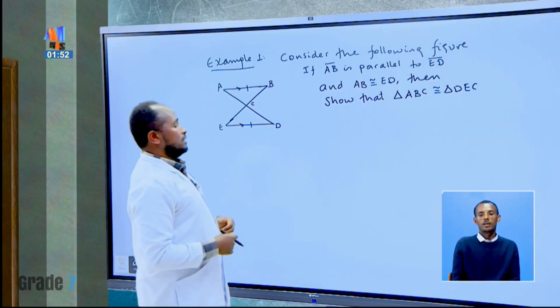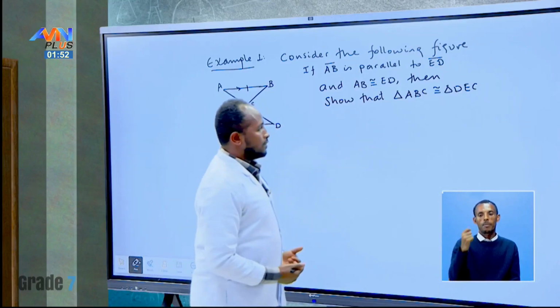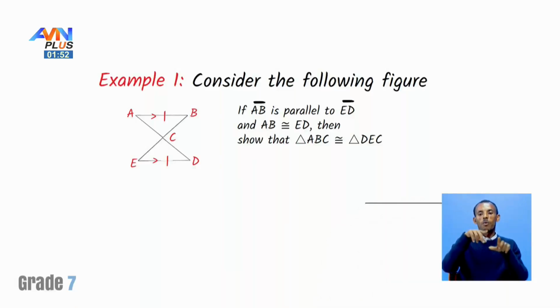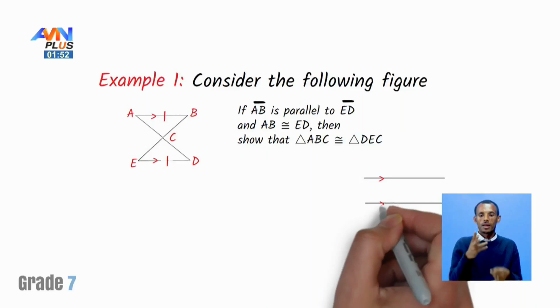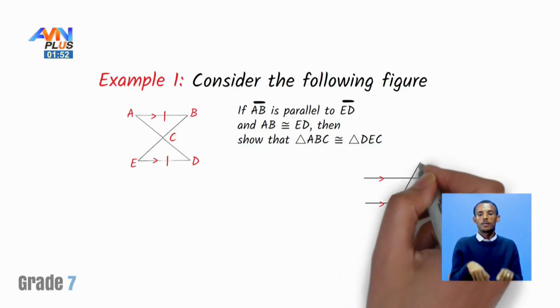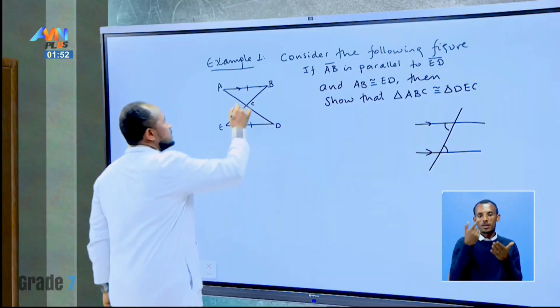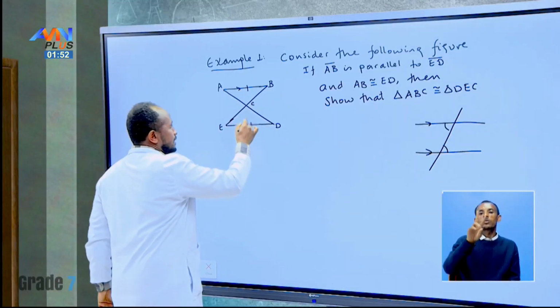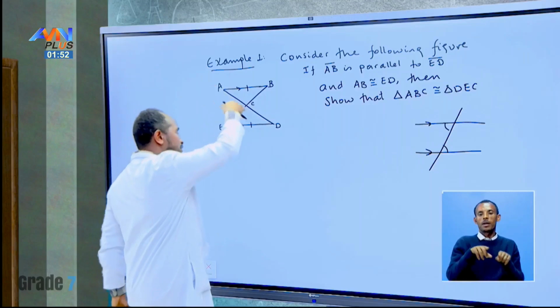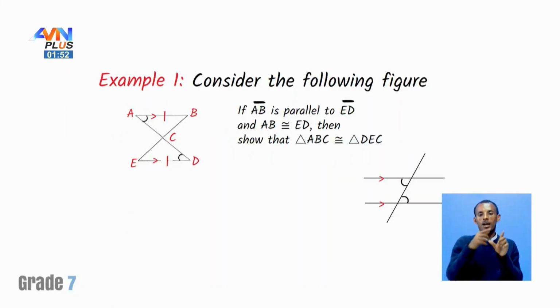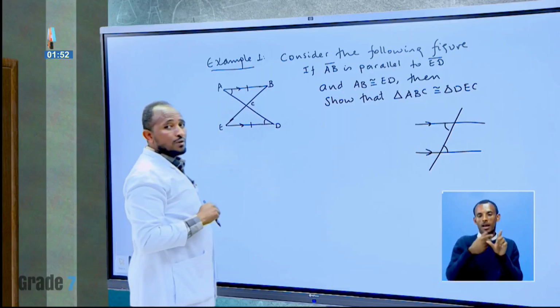Okay, here, if you remember in your lower grade lesson, if two lines are parallel and cut by a transversal, alternate interior angles are congruent. So here, since these two lines are parallel and assuming this as a transversal, this angle and this angle are alternate interior angles, so they are congruent.